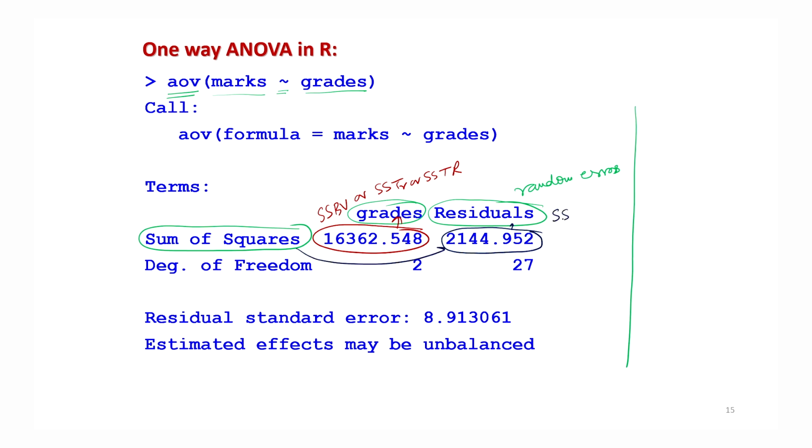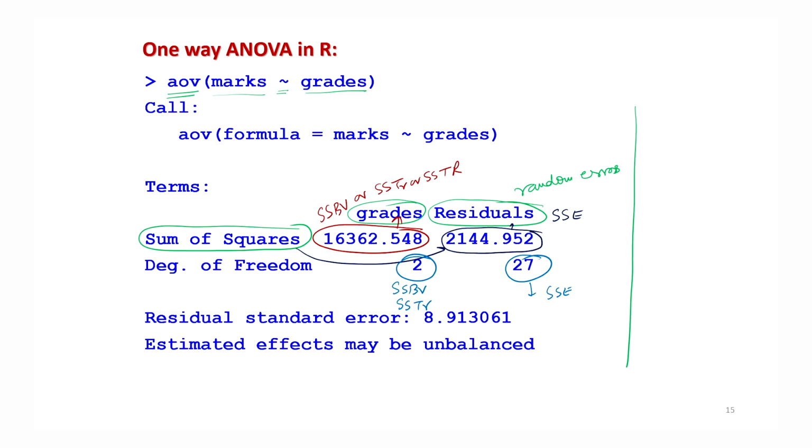So this is your SSE, right? And then in the second row we have the degrees of freedom, which is related to the sum of squares due to between variability BV or SS treatment. And this is 27 degrees of freedom related to SSE, right?